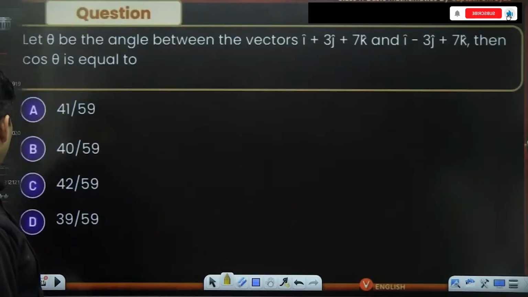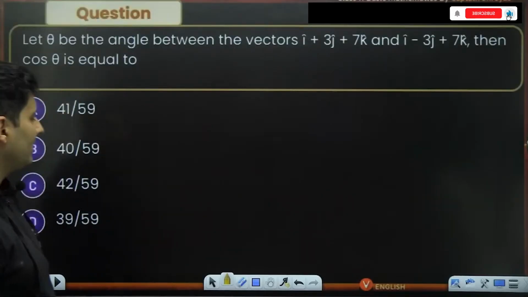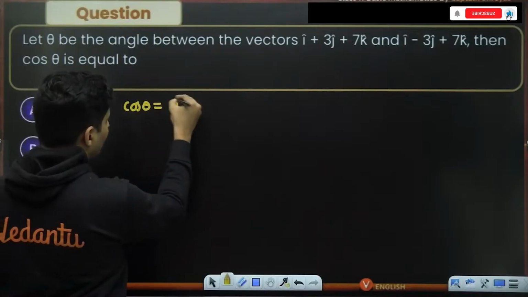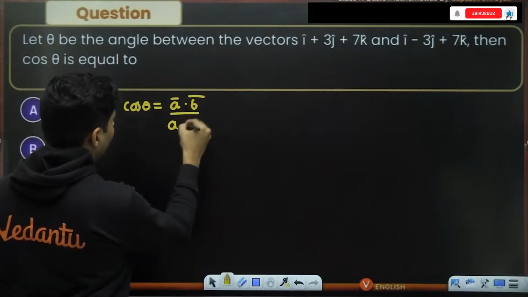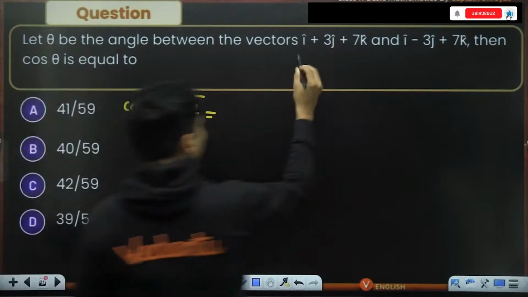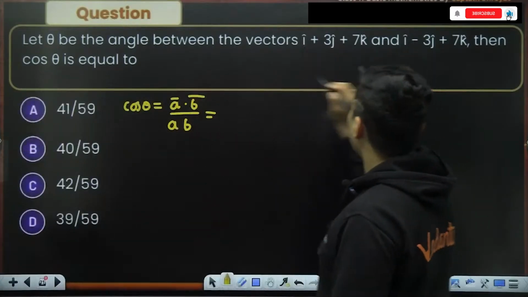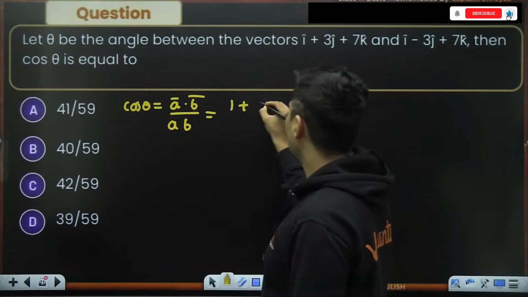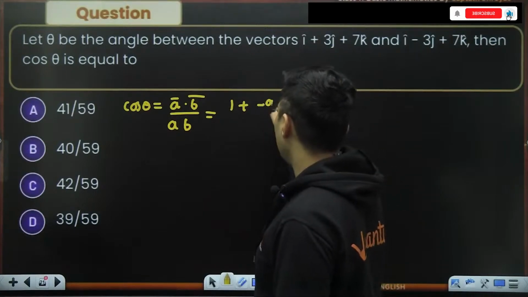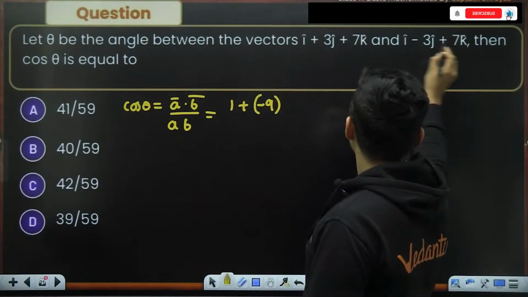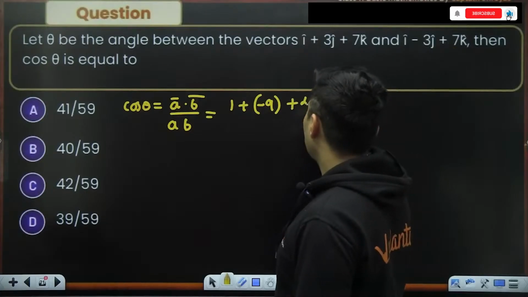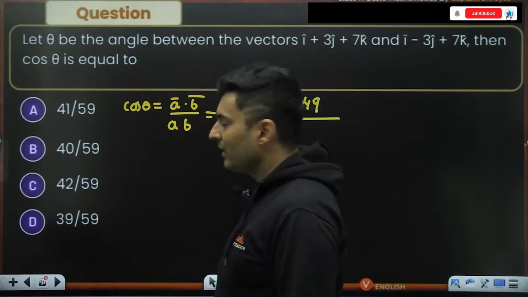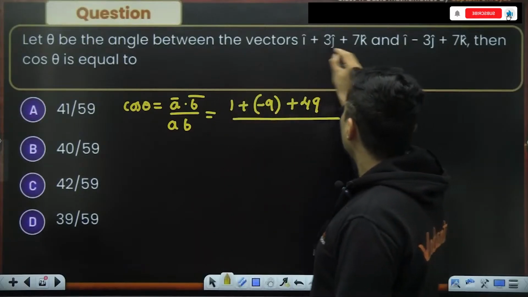Let theta be the angle between the two vectors, then cos theta is equal to how much? Well, cos theta. What is cos theta? A dot B by A into B. So A dot B means 1 into 1, which is 1, plus 3 into minus 3, which is minus 9, plus 7 into 7, which is nothing but 49, upon what is the magnitude of this guy?